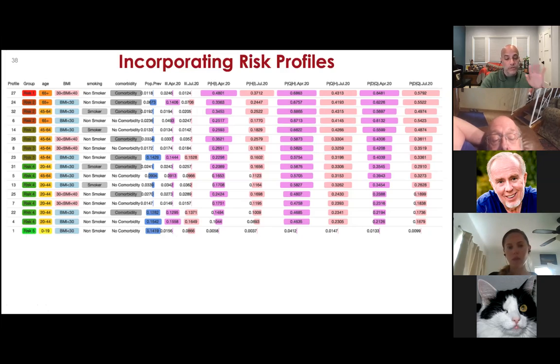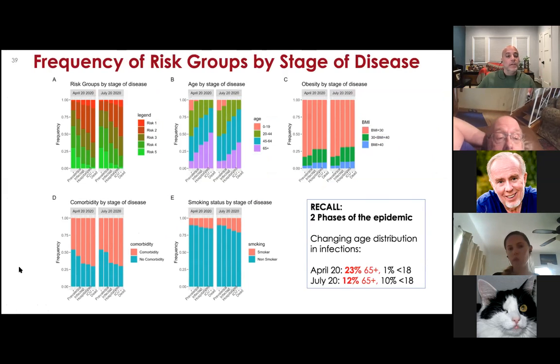So again, what we can do is now project these different risk categories or risk strata onto our results. And so what we've done here is in each figure, it's split into the 2 time periods that we're looking at here, April 20th and July 20th. And then we have the broad risk categories for this. And then we're looking at prevalence versus infected versus hospitalized, ICU, and death over time.